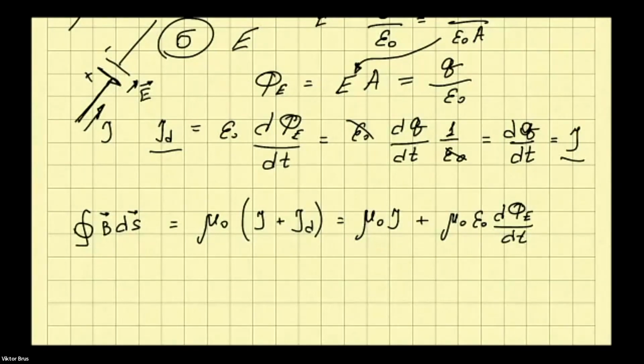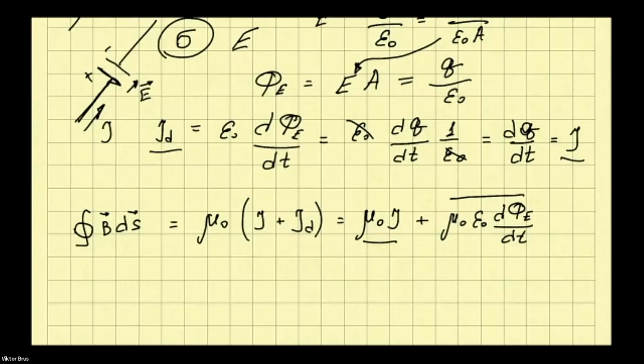So in this case, we don't have any discrepancy, which we discussed at the beginning. If we integrate assuming a surface which goes through the closed path, and this surface goes through the conductor, like the wire which goes to the capacitor, then we deal with conductivity current. When we consider a surface which goes through the middle space between two plates of the capacitor, we consider displacement current.